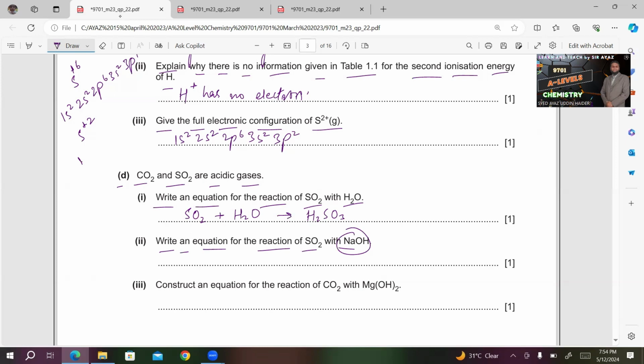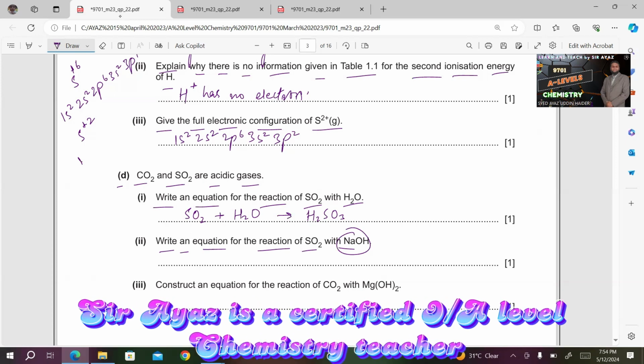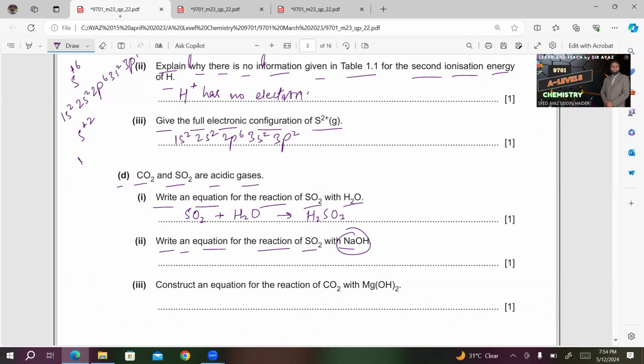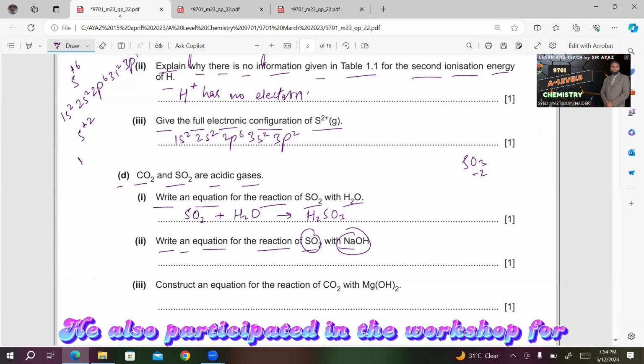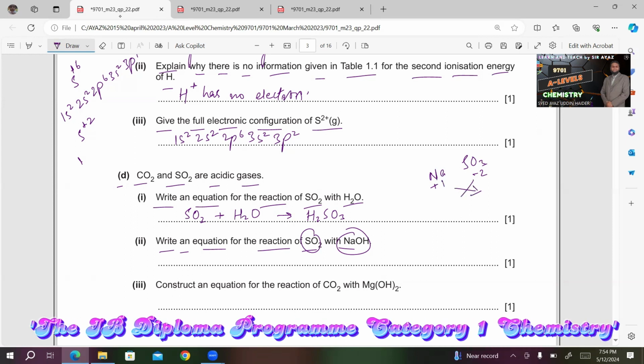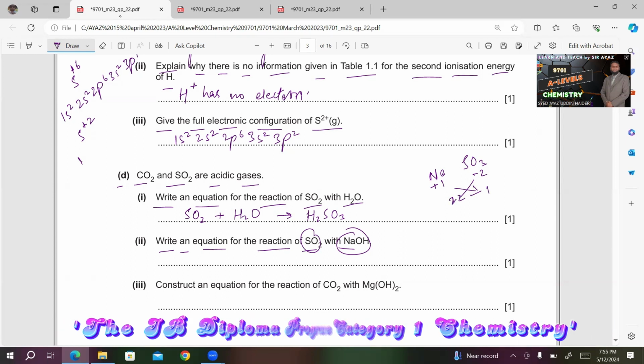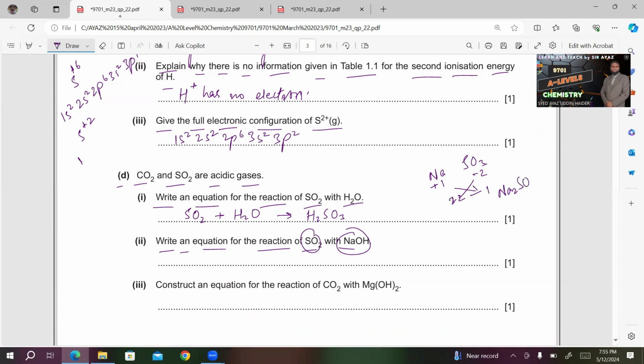First of all, we need to predict the formula between the sodium and the negative ion here. We have SO2, so it becomes SO3, which carries a -2 charge. Sodium is in group 1, carrying +1 charge. Ignore the charges and exchange the numbers, so we get Na2SO3.